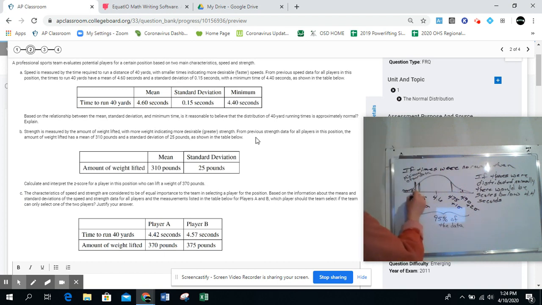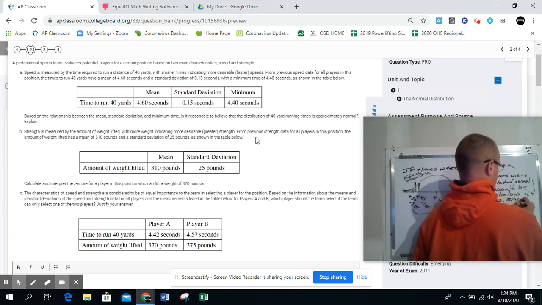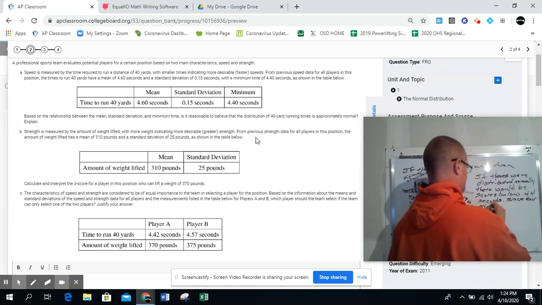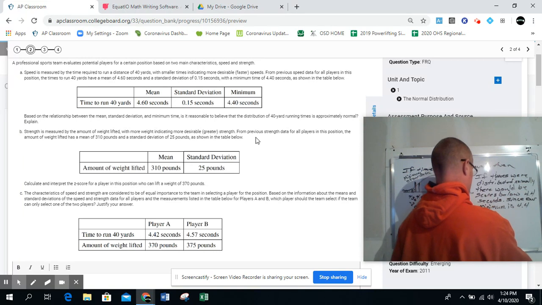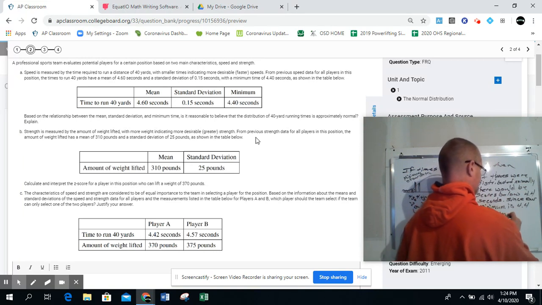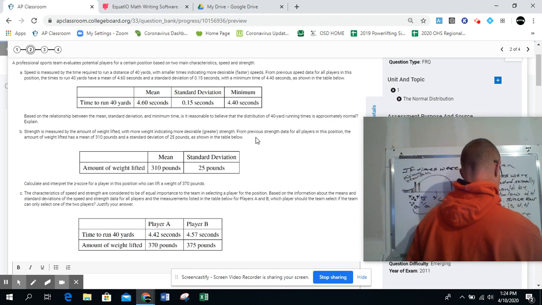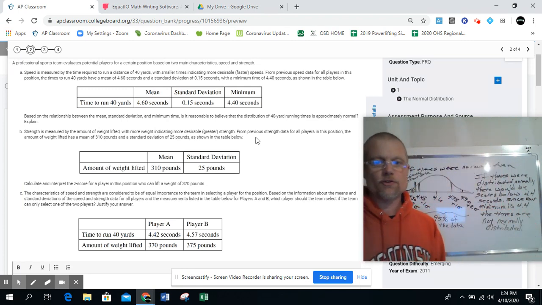In fact, it's about 16% of scores. Since our minimum is 4.4, the times are not normally distributed. Okay, they're not normally distributed.